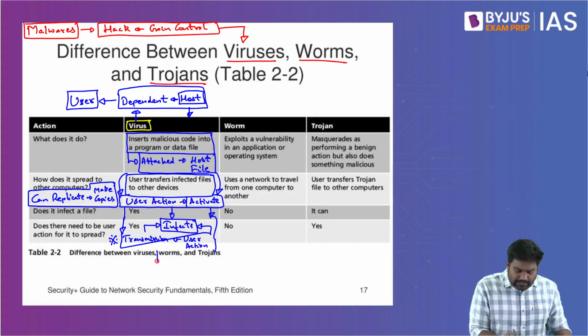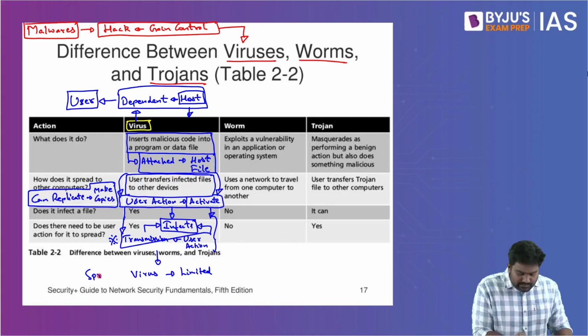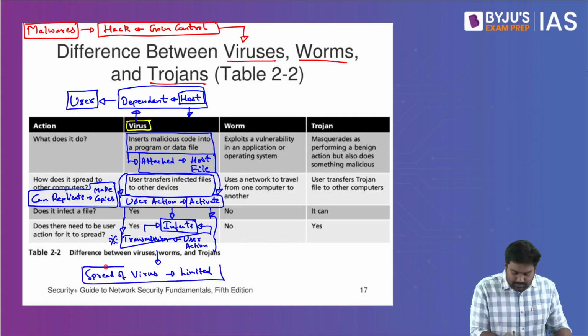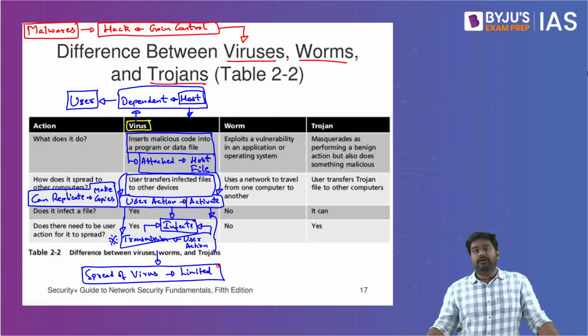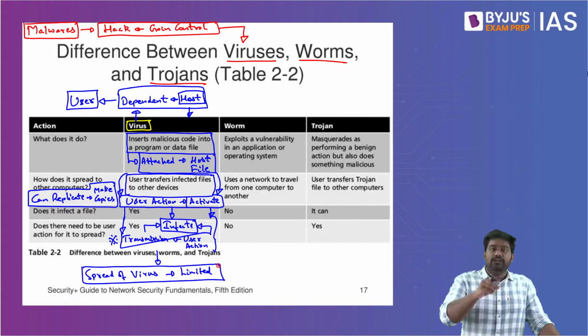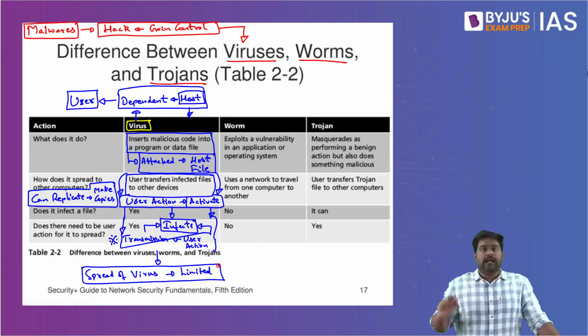So as a result, the spread of a virus can be a little limited. The speed with which a computer virus can spread through multiple networks and affect multiple systems is a little limited, because every time there is a need for user activation and user action to transmit this.